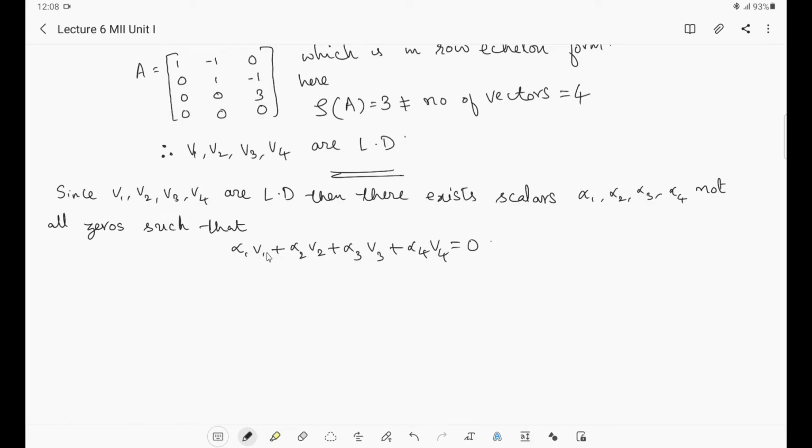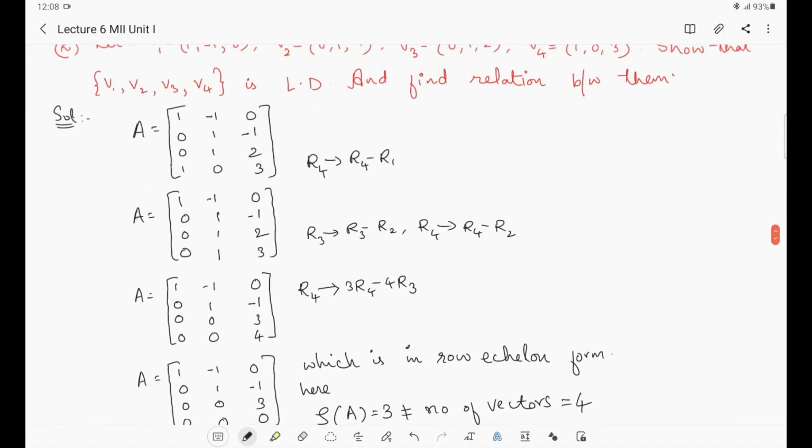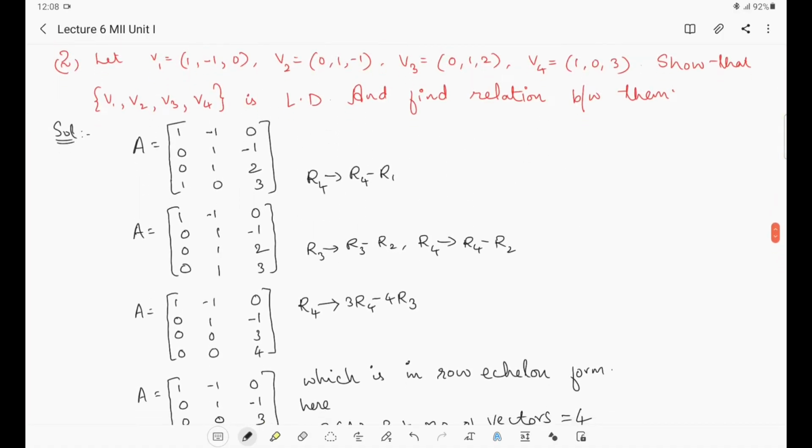Now what are v1, v2, v3, v4 given in the question? v1 is given to be (1, -1, 0).